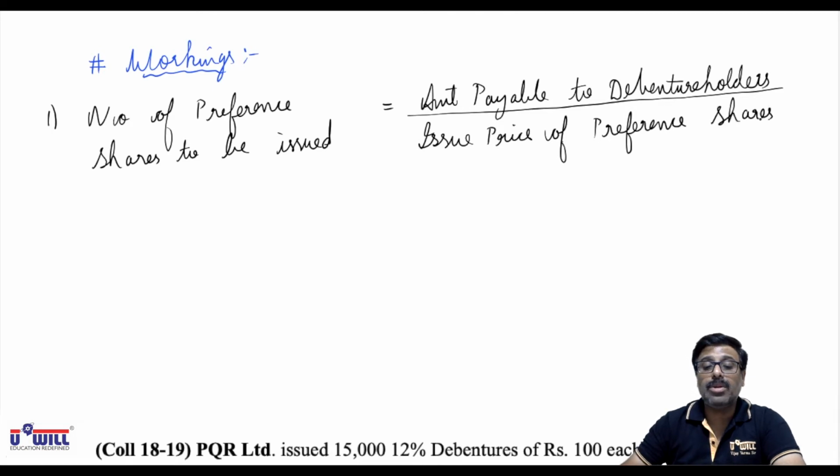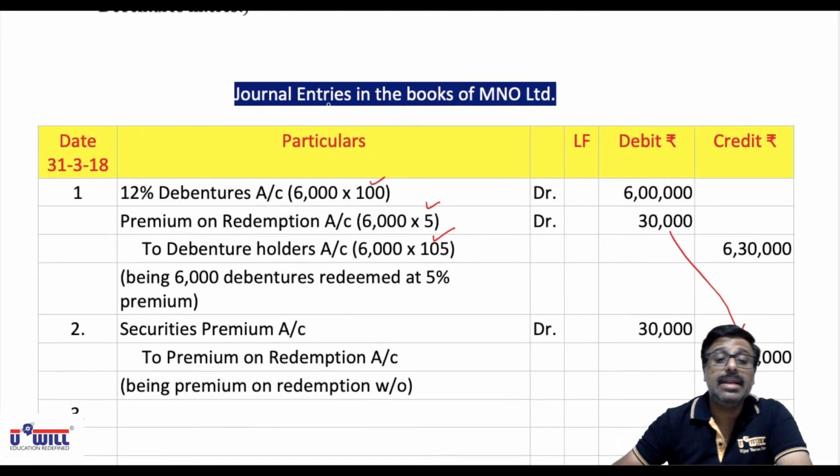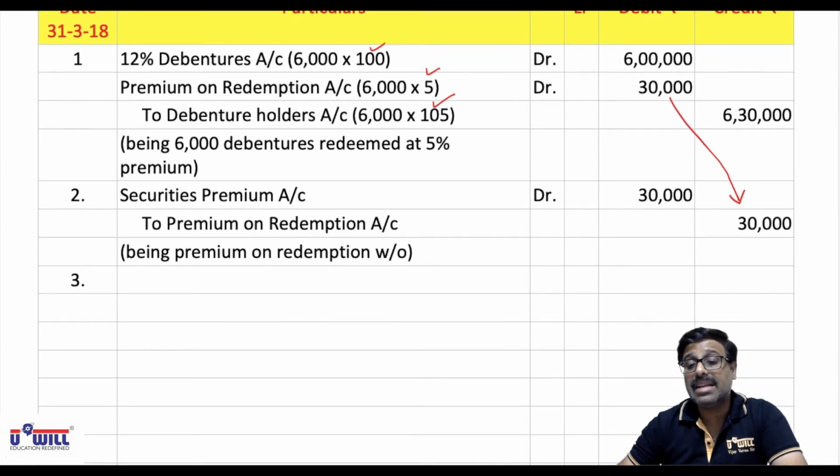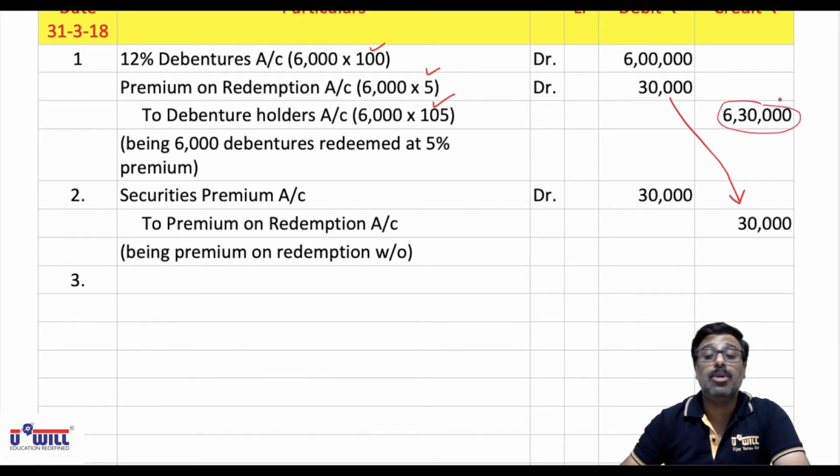Now here, what amount is payable to debenture holders? Can you all see that the amount payable is 6,30,000? What is the amount payable to debenture holders? 6,30,000, right?